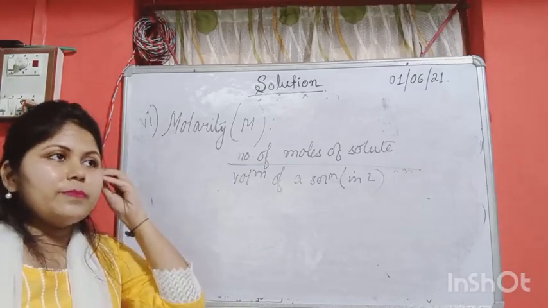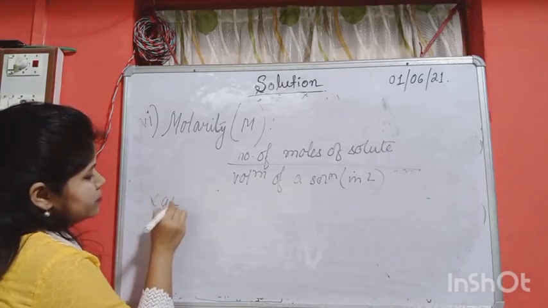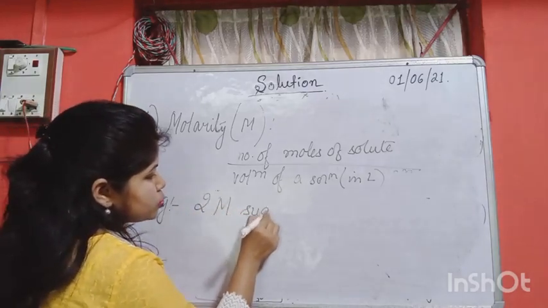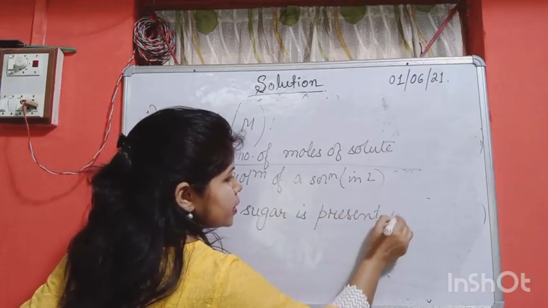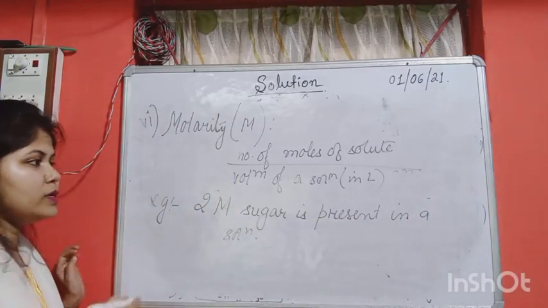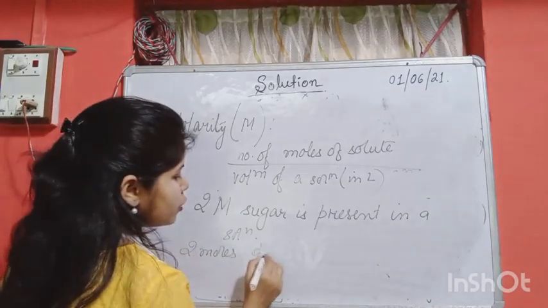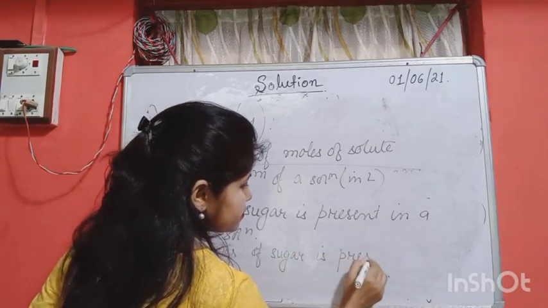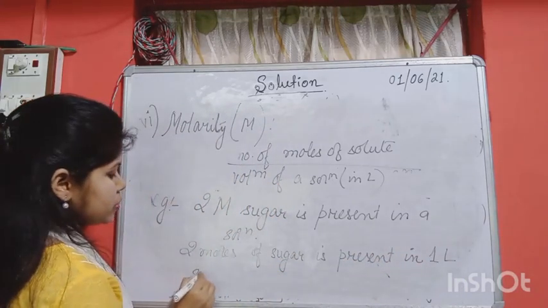In molarity, what will happen? Suppose I am taking an example: 2 M sugar is present in a solution. That means 2 molarity sugar is present in a solution. What does this mean? That means 2 moles of sugar is present in 1 liter solution.